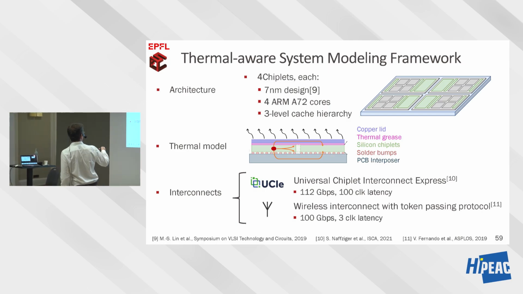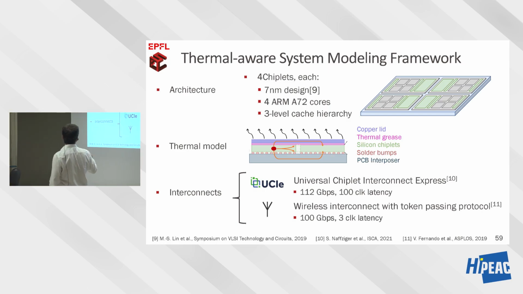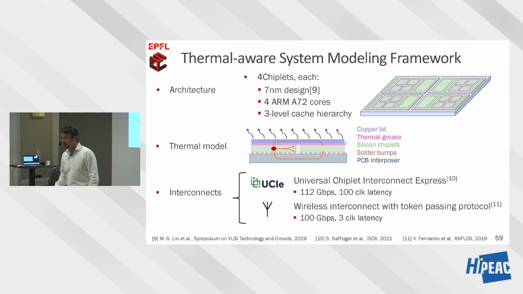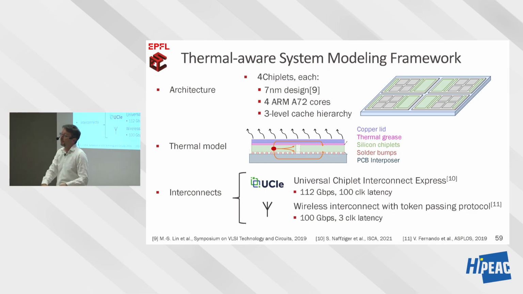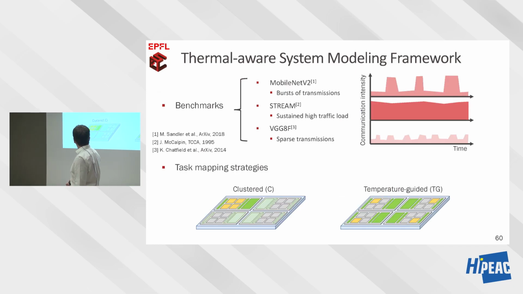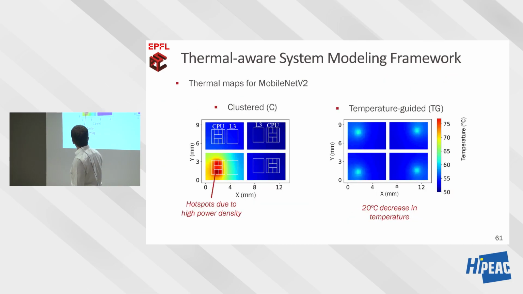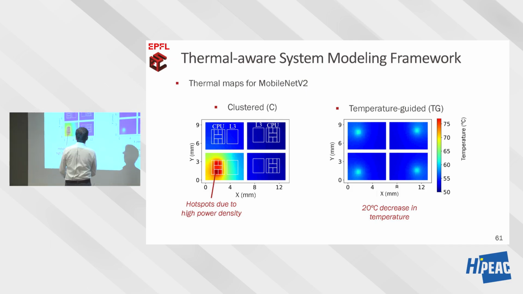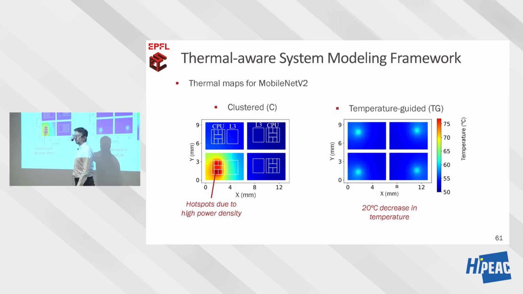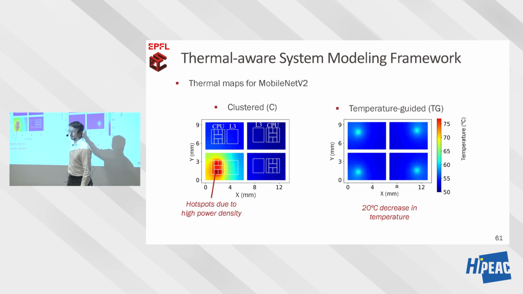This is our target architecture, four chiplets again, and in each of the chiplets we model as much as possible ARM A72 cores, and this is because there is an architecture which is chiplet based and uses exactly this core, so we could use that data to do our thermal simulations. Benchmarks, and these are the thermal maps which we obtained, and hopefully you can get that. Red is bad, blue is good, there is more blue here, so it works.